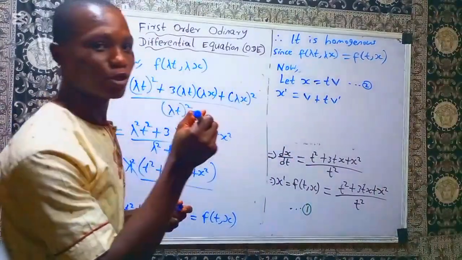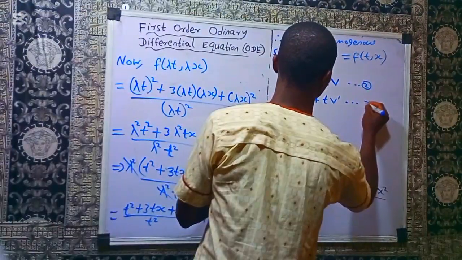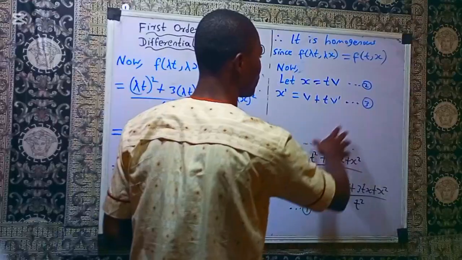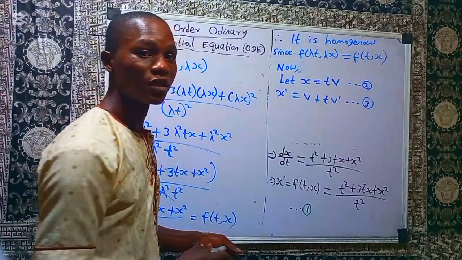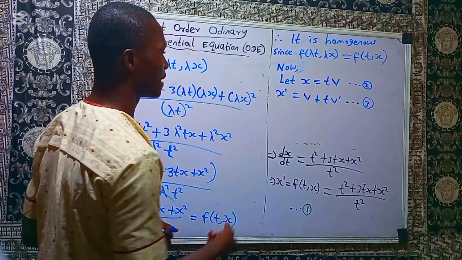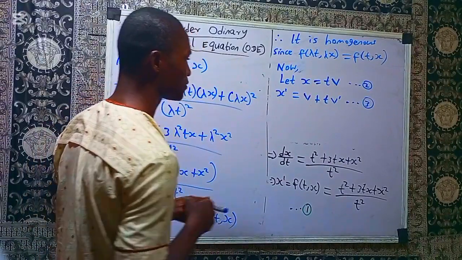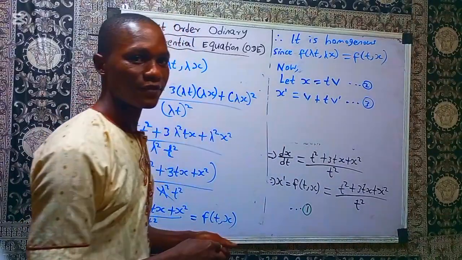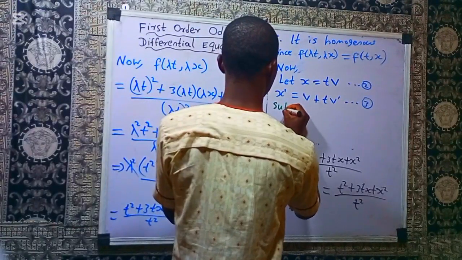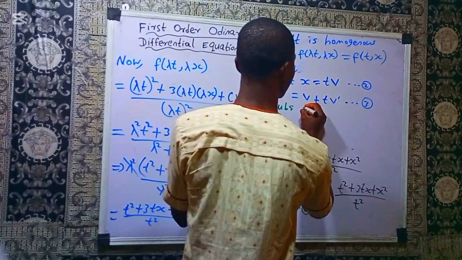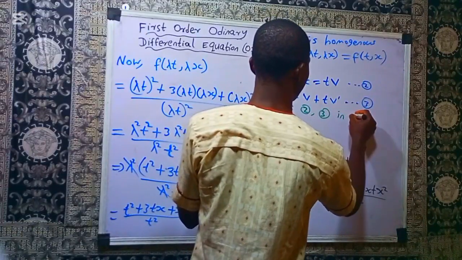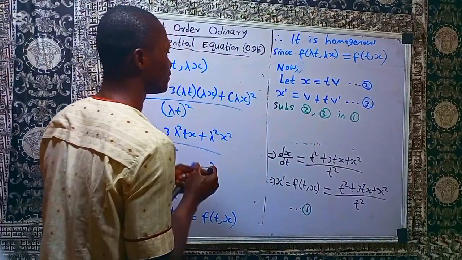Let me call this equation 3. We can substitute equation 2 and equation 3 in equation 1, because we have x prime in terms of t and v, and x in terms of t and v. So we will be able to solve it.